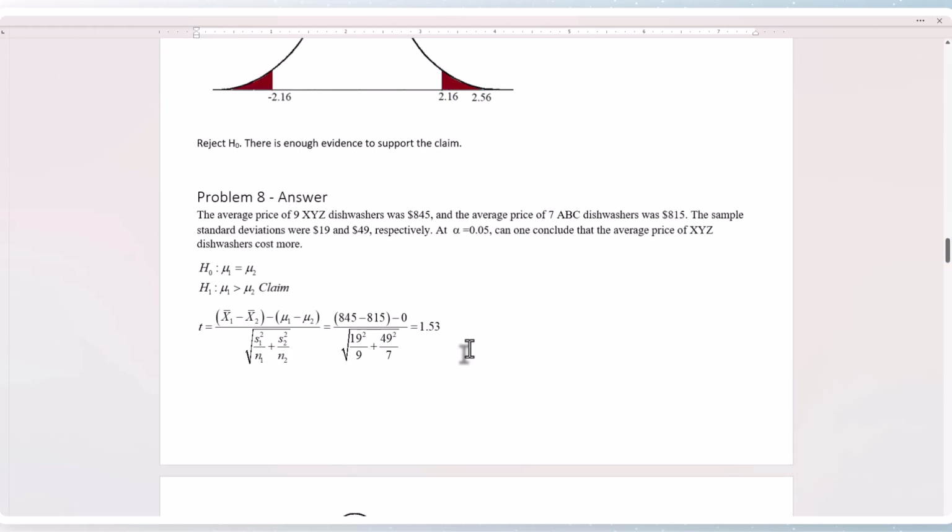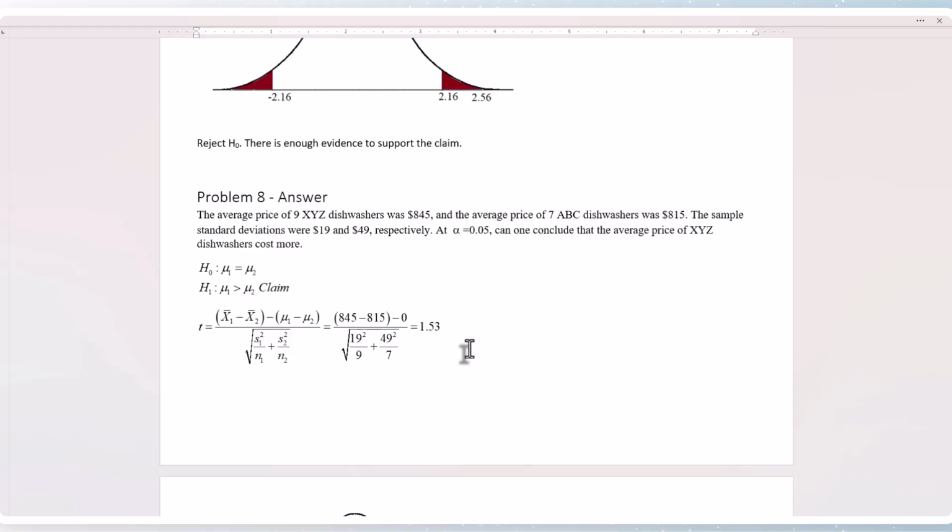Problem 8. It states the average price of 9 XYZ dishwashers was $845, and the average price of 7 ABC dishwashers was $815. The sample standard deviations were $19 and $49 respectively.